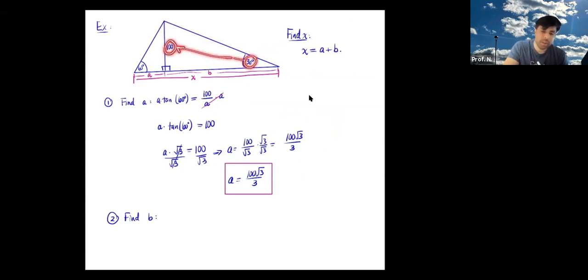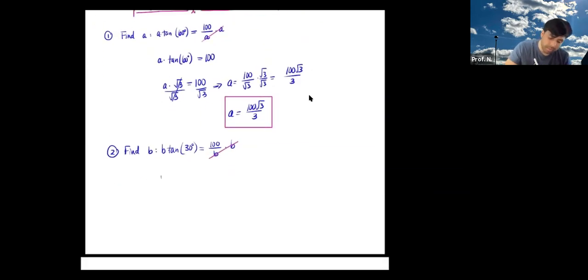Opposite is 100, and the adjacent is B. So tangent again sounds like a good idea. Tangent of 30 degrees is equal to 100 over B. Multiply by B on both sides, the B's cancel, and this becomes B times tangent of 30 degrees equals 100.